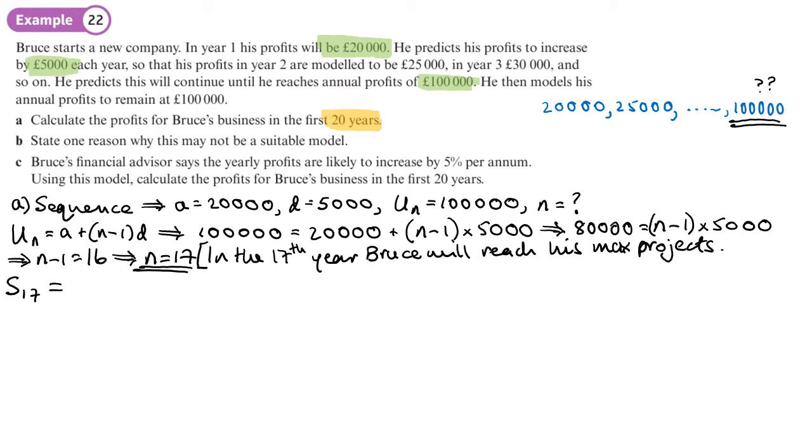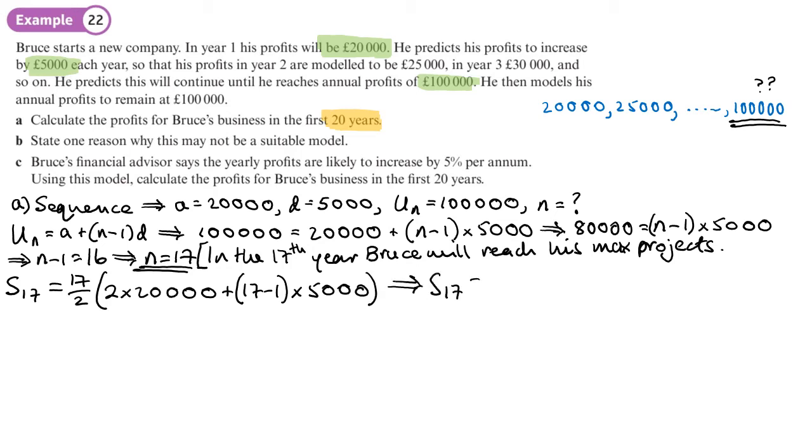So we work out his profits for the first 17 years. Here n is 17, so 17 over 2, times by 2a, so 2 times by 20,000, plus n minus 1, so 17 minus 1, times by d, which is 5,000. Okay, so let's work that out and see what we get for his profits in the first 17 years.